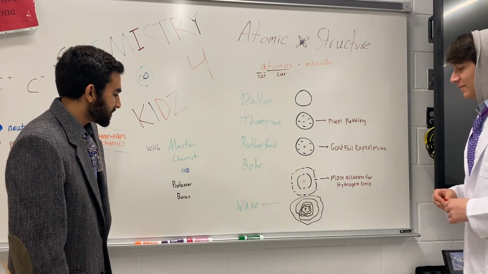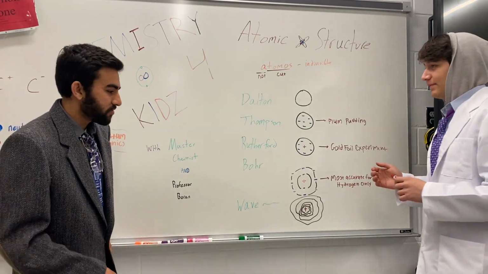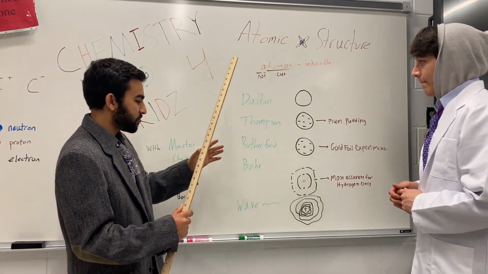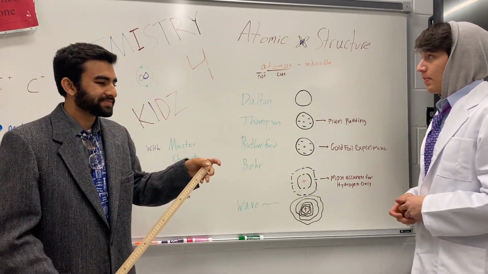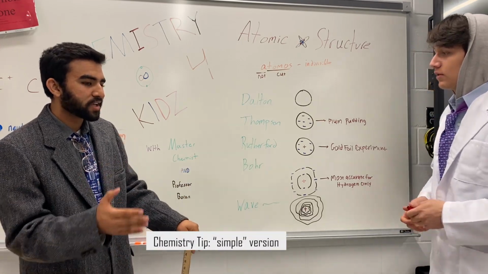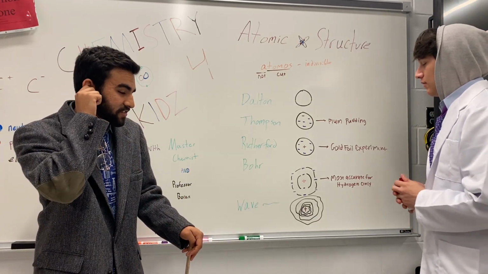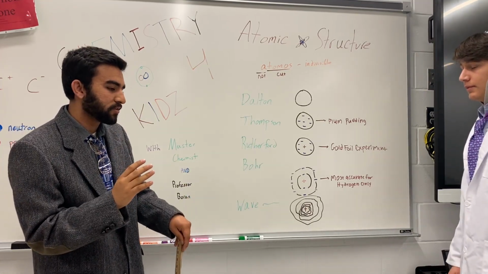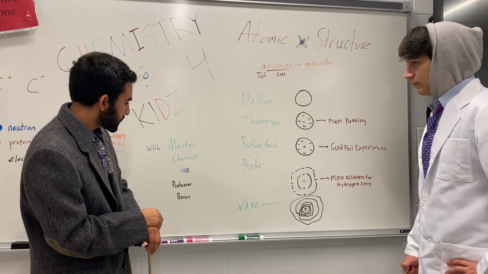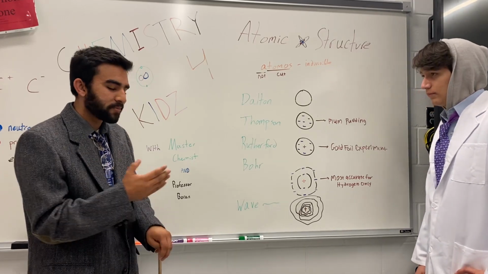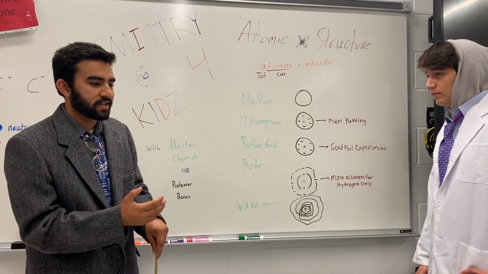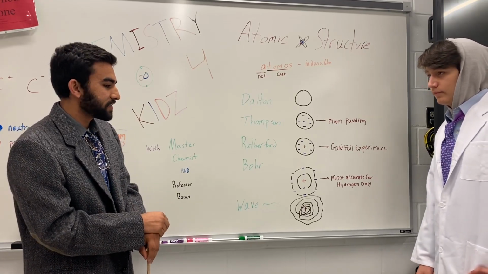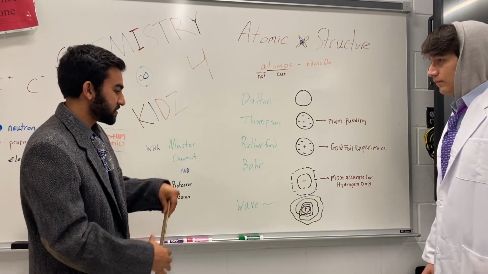Sure. But modern day, we're trying to compromise that idea with a new simple version, and trying to bring in quantum mechanics into the mix. I'm talking about very small particles, and how a big thing in quantum physics and mechanics would have to do with the probability of said electrons being within this space.